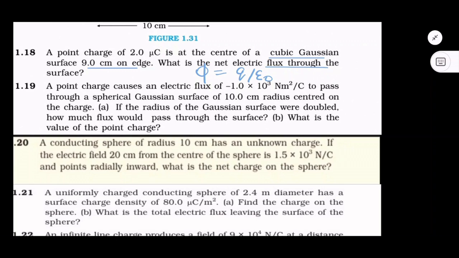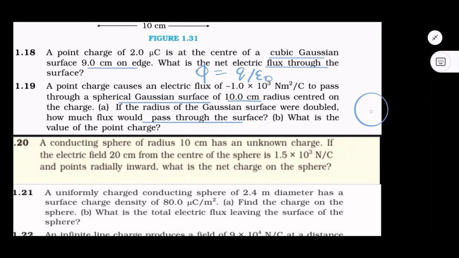Now the point charge causes electric flux of this much amount to pass through a spherical Gaussian surface of radius centered on the charge. If the radius of the Gaussian surface were doubled, how much flux would pass through the surface? I have told you this in the lecture also. Suppose we have a sphere of radius 10 centimeter.